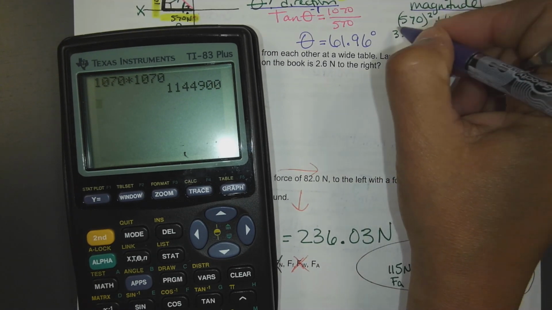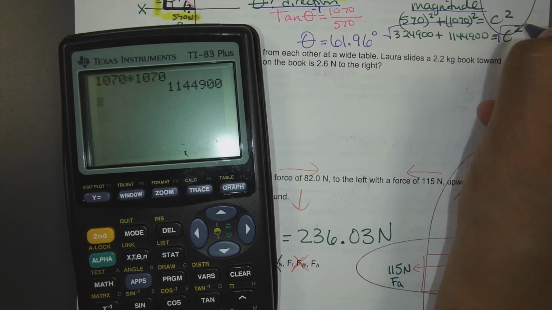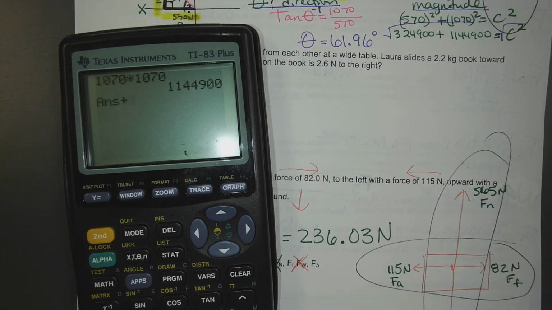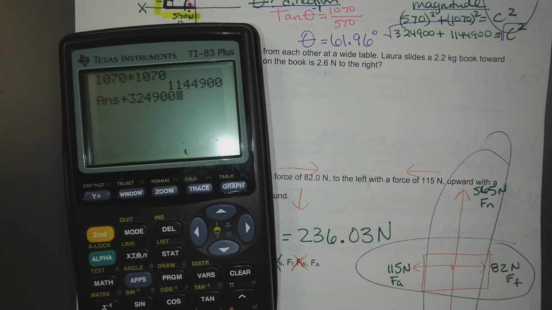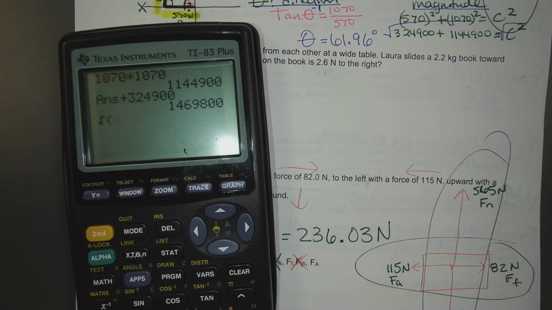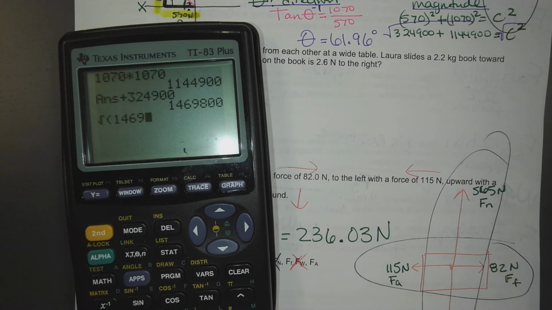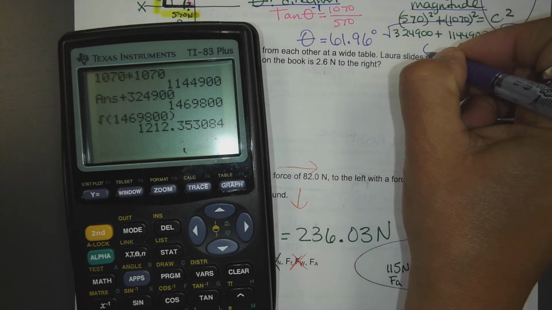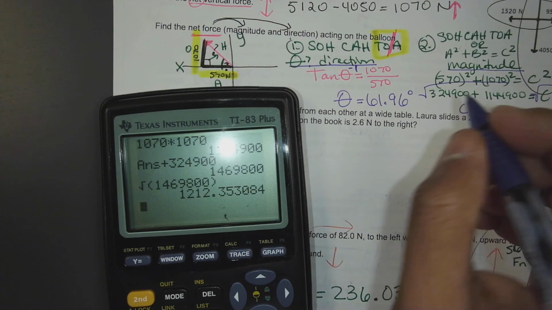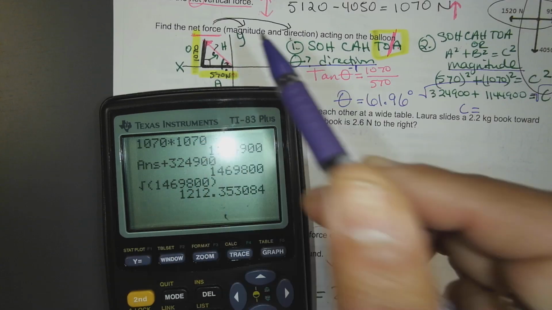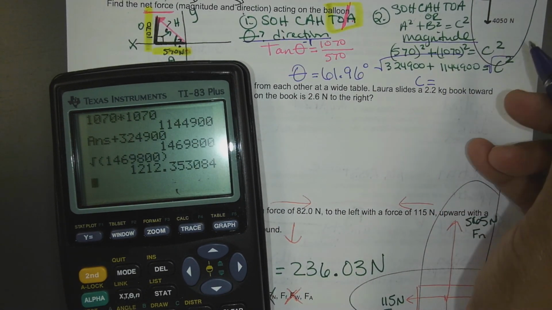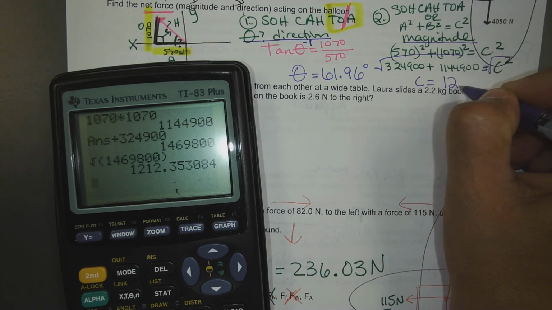We need to square root this after we add those two numbers together. Second key square root, and that comes out to the hypotenuse, the H, or C, whatever you want to call it.